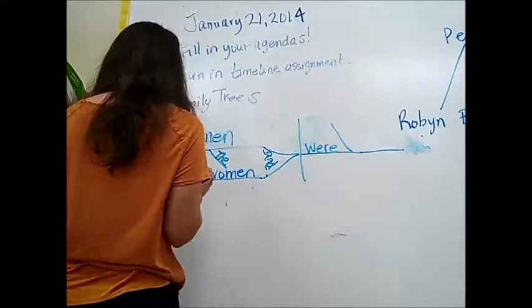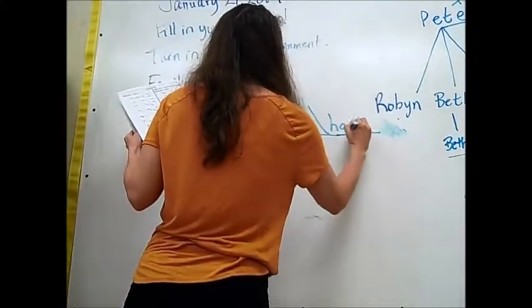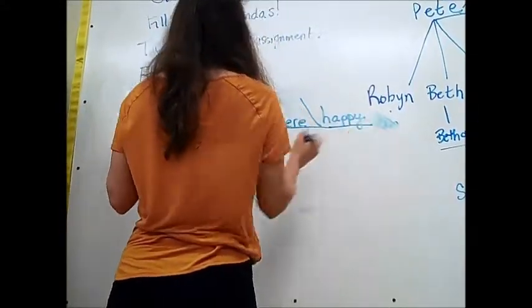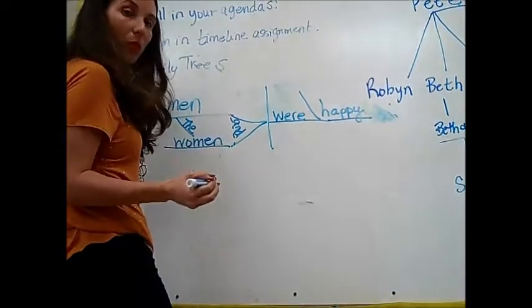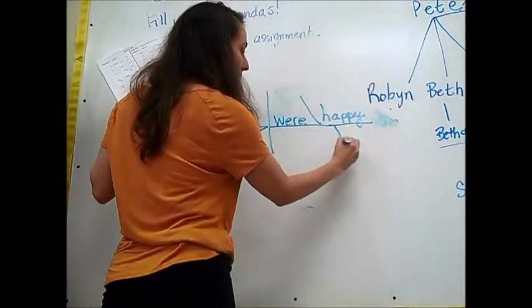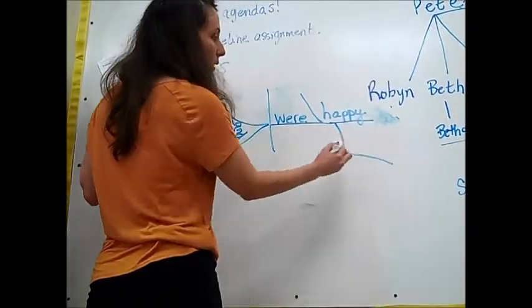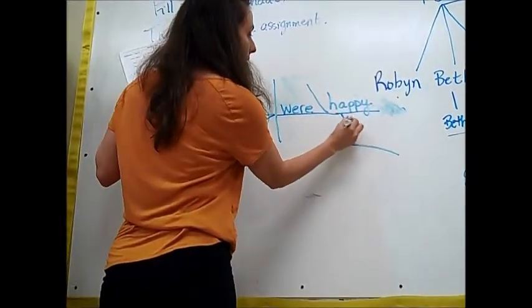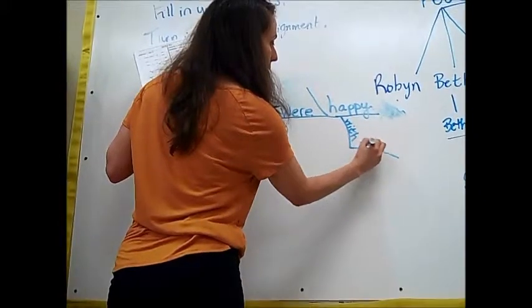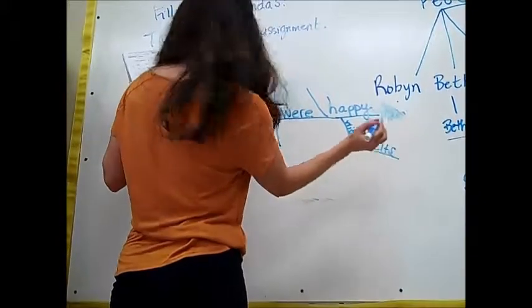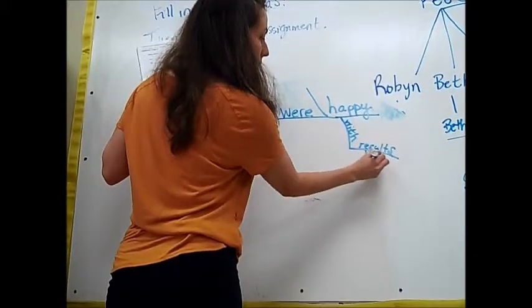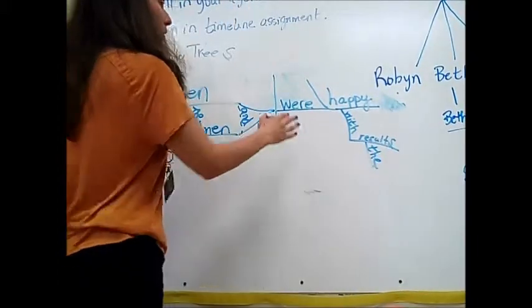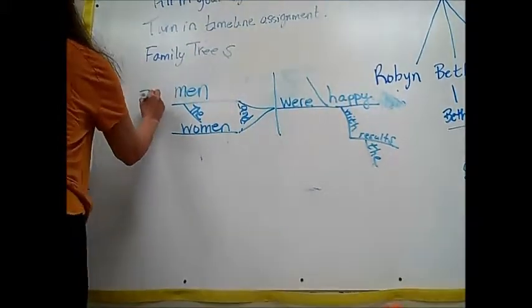Do our slanted line. Happy, this is our predicate adjective telling us more about the men and women. Happy with what though? Here is going to be a prepositional phrase that's modifying our adjective happy, with results. Okay? So this would be number 7.